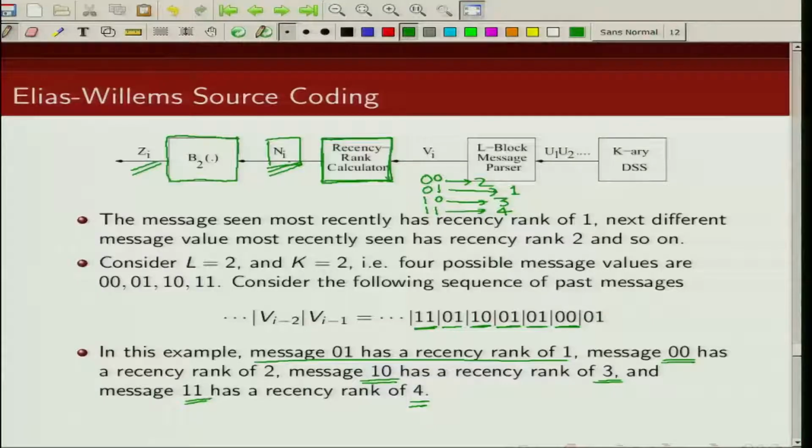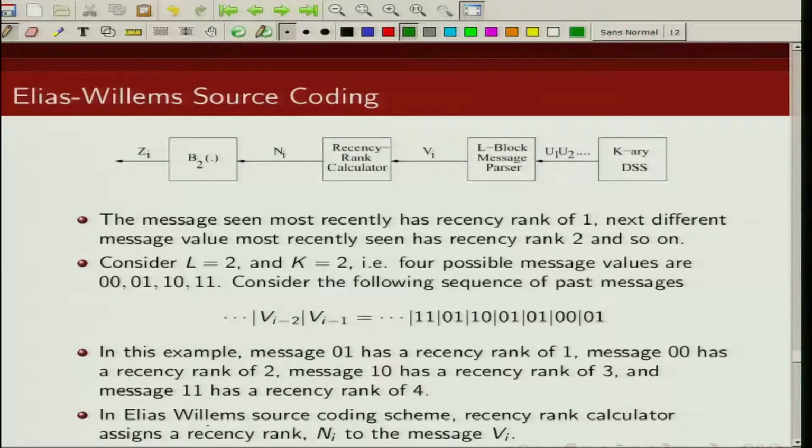So if we encode those positive numbers, because the sequences which happened in recent past will have smaller recency rank number, when we encode them using Elias code, the expected code word length would be smaller. So in the Elias-Willems source coding scheme, this recency rank calculator assigns a recency rank to the message Vi, which is a block of L bits.